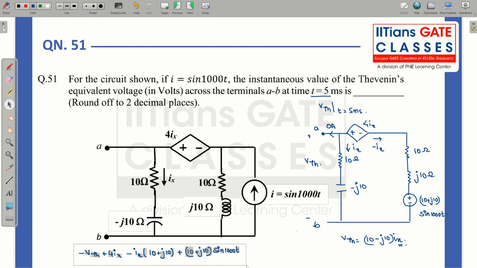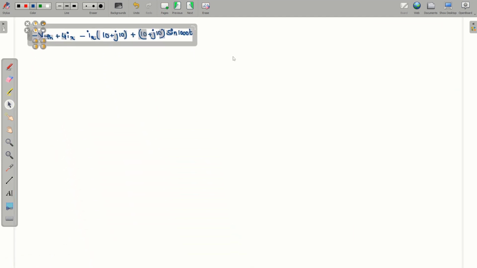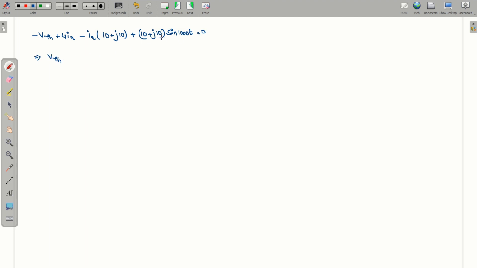So let us simplify this. If you simplify, you can see that this is VTH. If I take it over here, this will be minus (10 plus j10 sine 1000t), and the Ix term, let me keep it as common.